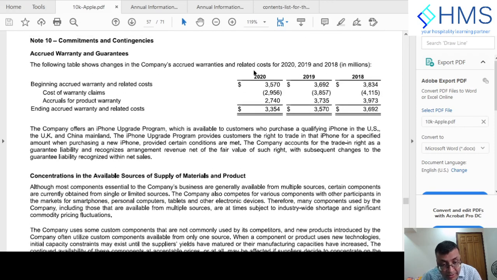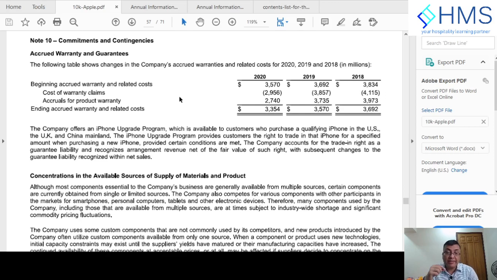So here you can see what kind of liabilities are pending. This table shows the accrued warranties in 2018, 19, 20, because there is a one year or two year warranty with each device they provide. So there is always a claim. Here you can see the opening balance was 3,570. Then there is the cost of warranty claims as well.